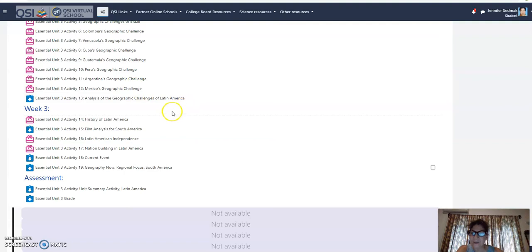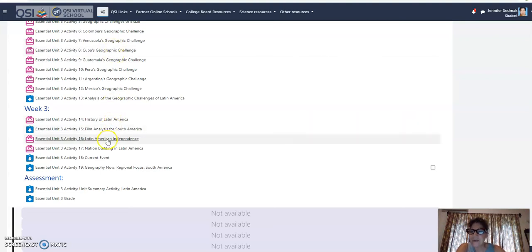So going back to the course page, then you can see what we're going to look at next is Latin American independence. So in the late 1700s, after the American colonies gained independence from Great Britain, there were many other revolutions that followed, and a large number of those revolutions took place in the Latin American states.